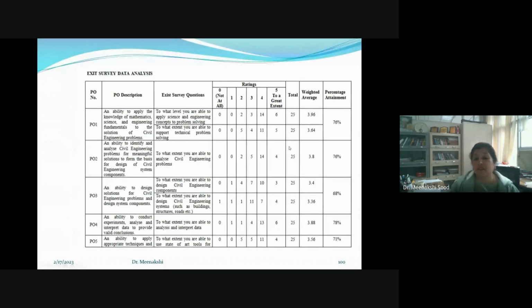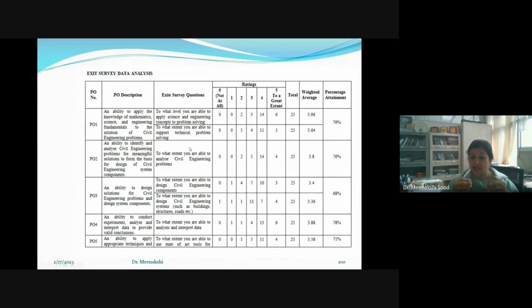And this is the PO attainment from the exit surveys. So these are POs, these are the exit survey questions. Now see the type of questions. The PO is the ability to apply the knowledge of maths, right? So what type of exit survey questions are framed? To what level are you able to apply? To what extent are you able to support?